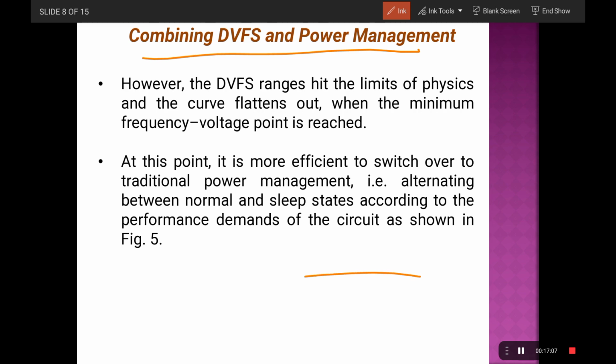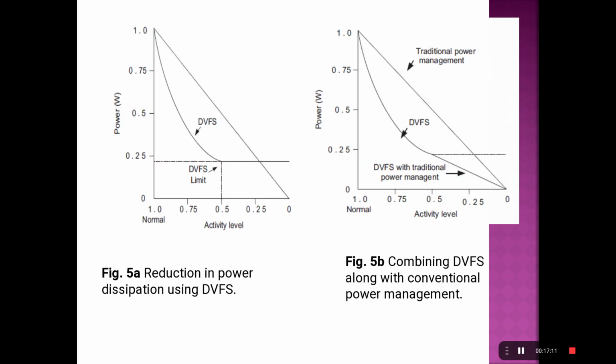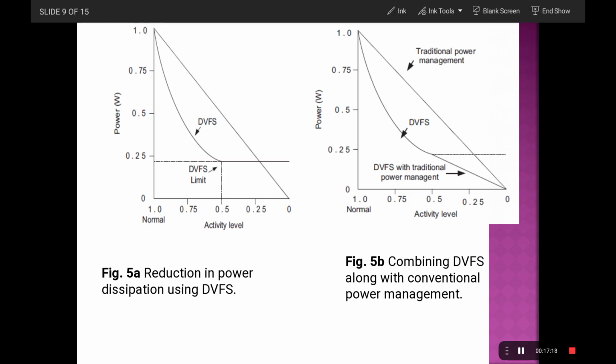Let us move to the next slide, and I will explain here. Let us consider this scenario. DVFS, dynamic voltage and frequency scaling, is useful for maintaining the performance as well as controlling the power dissipation.